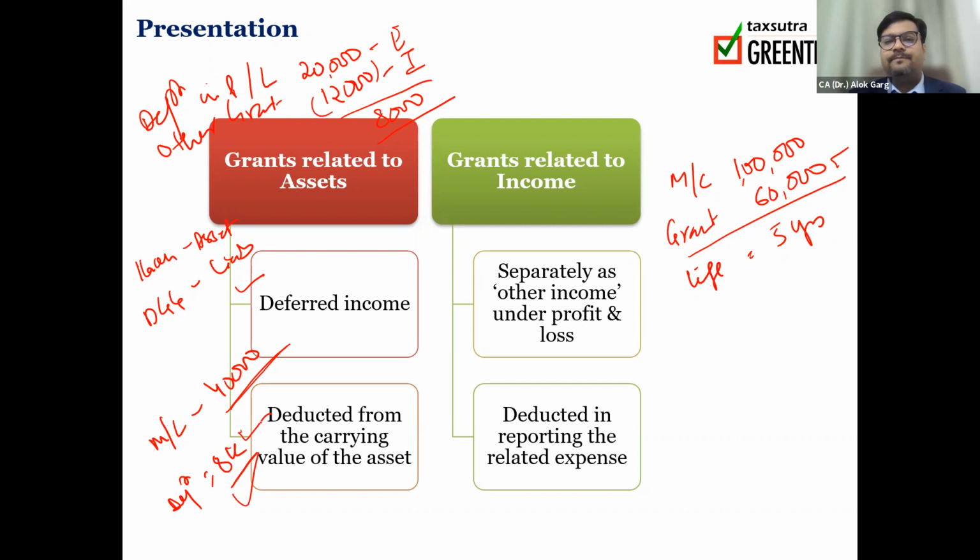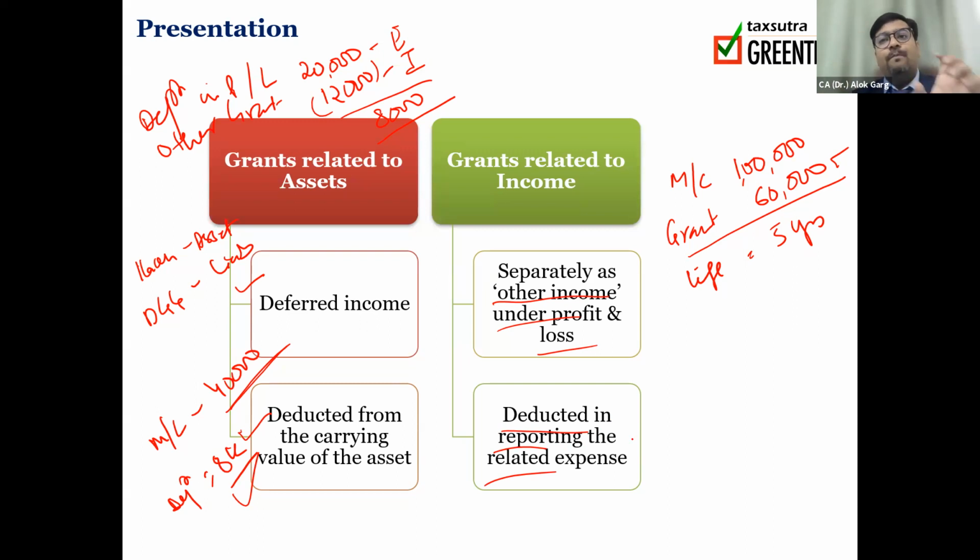Sir, what about income? In case of income, there are again two approaches. For example, the government has given reimbursement of expenses to a hospital. The hospital can show the entire reimbursement as other income in the P&L account separately, and the related expenses have to be shown on the expense side. Or whatever money the hospital has received from the government can be deducted from the related expenses.